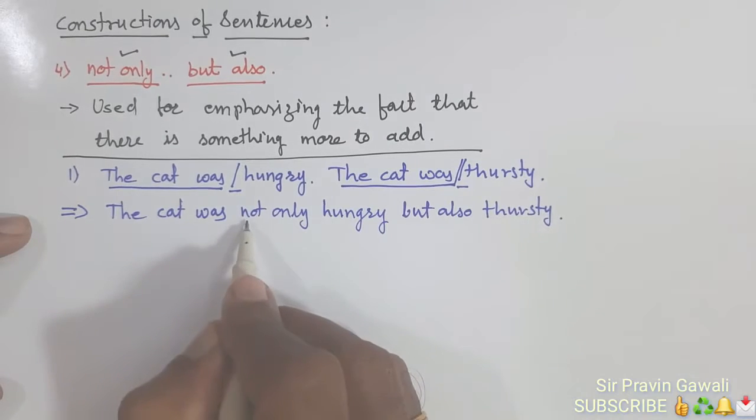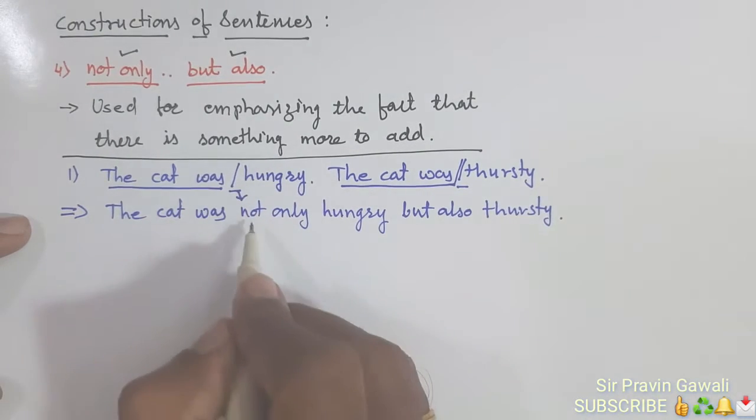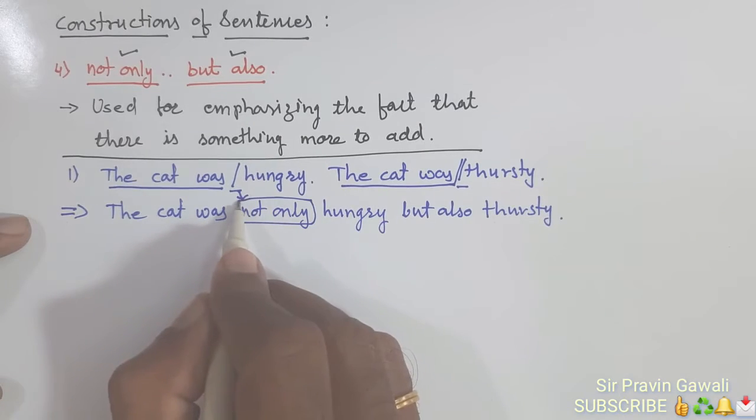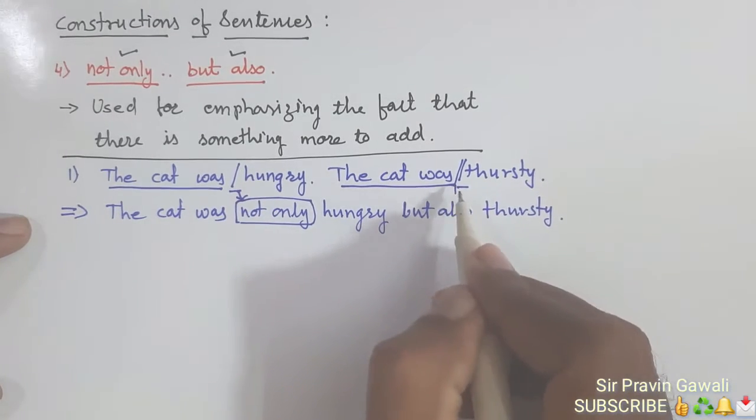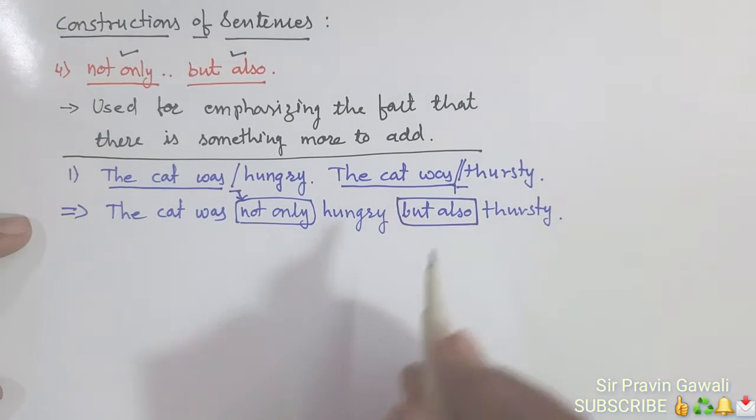Have you understood? In the place of the single slant line we have used not only, and in the place of the double slant line we have used but also.